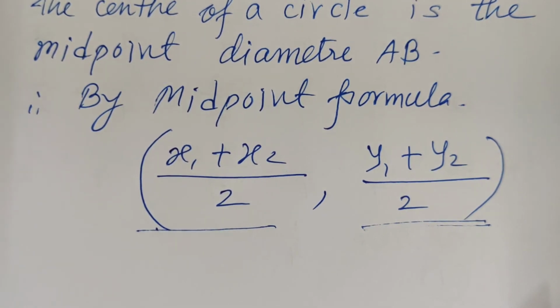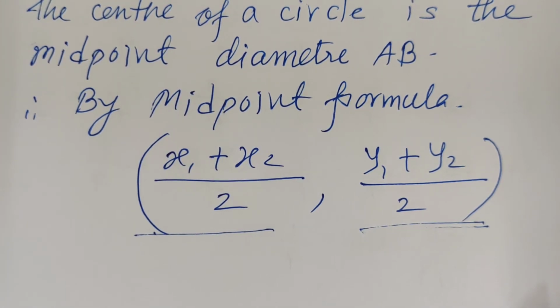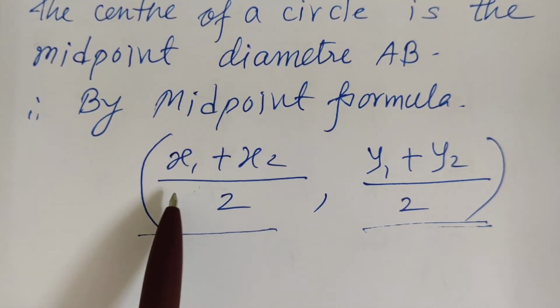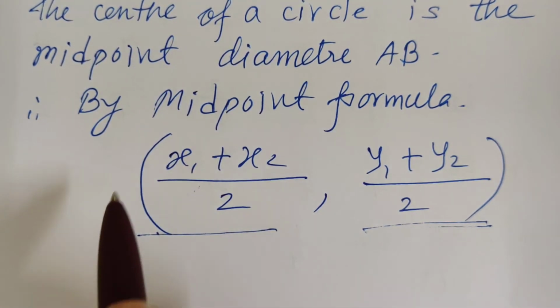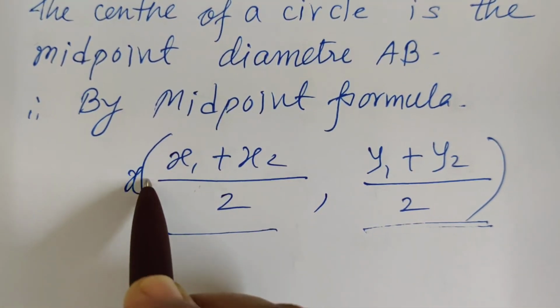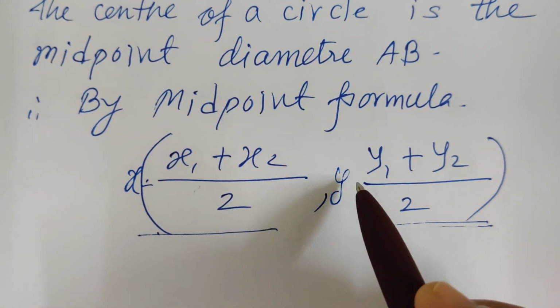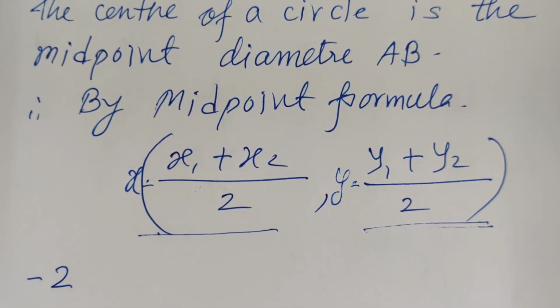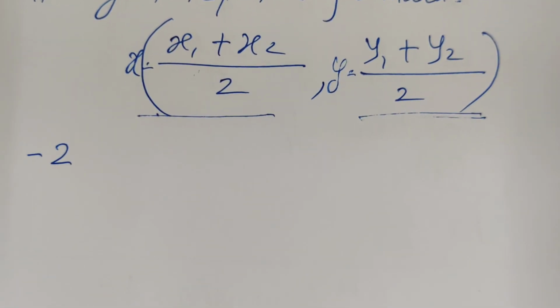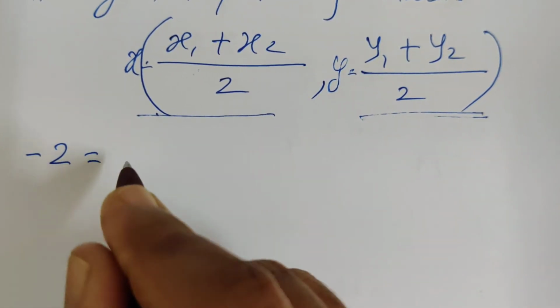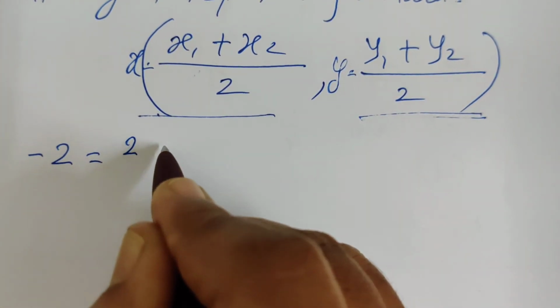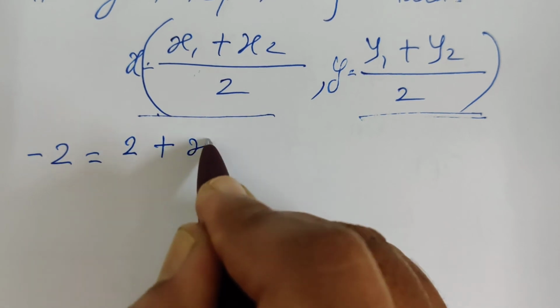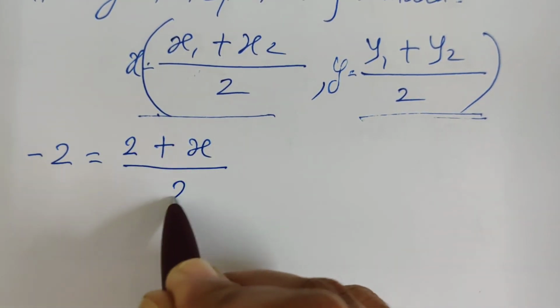Then when you put the values in the formula, the first formula we use for x and the second to get the coordinate y. So x means it is -2 equal to (x1 is 2 plus x2 is only x) upon 2.